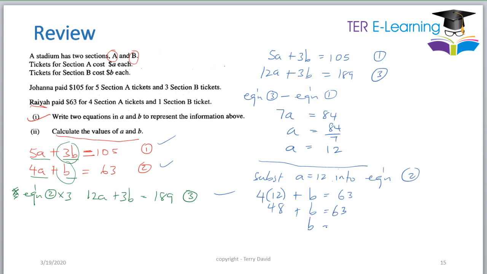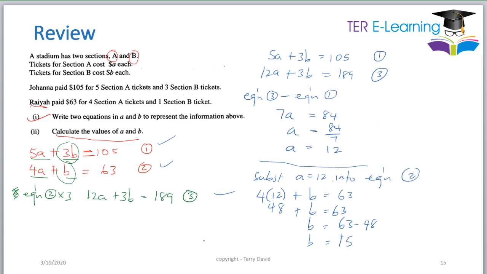So therefore B is equal to 63 minus 48. So therefore B is equal to 15.